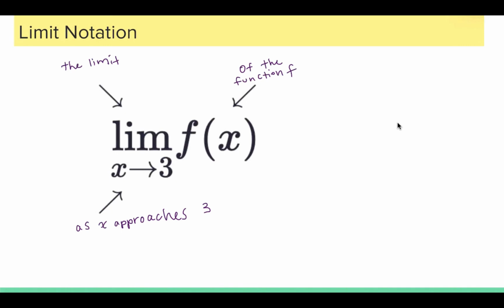Repeat after me: the limit as x approaches 3 of the function f. Okay? So these two, you can say in either order. It's whichever way you prefer.